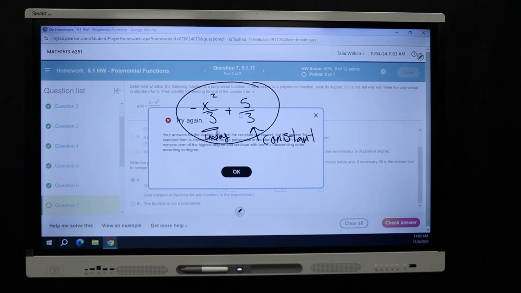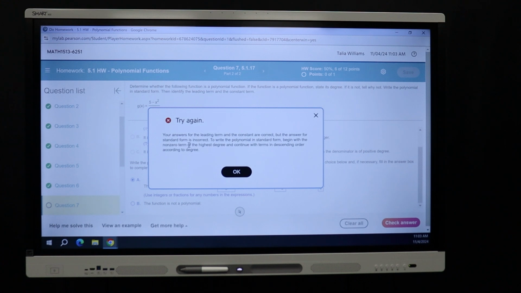Your answer for the leading term and constant are correct, but the answer for standard form is incorrect. Let me see what they want me to put. Write the polynomial in standard form. Begin with the non-zero term of the highest degree and continue with terms in descending order by degree.